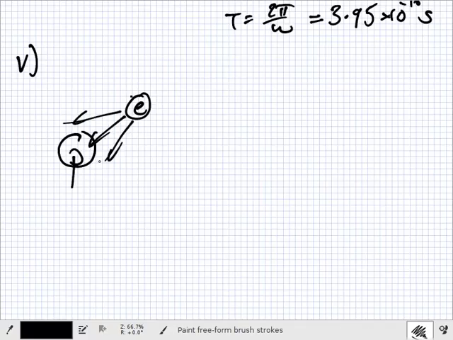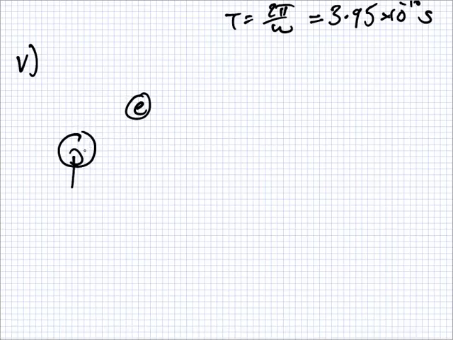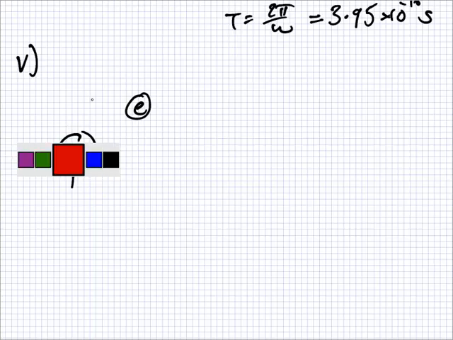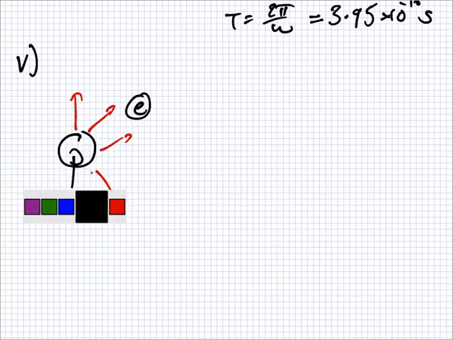Both make an electric field. In red, here's the proton's electric field, and then in blue, here is the electron's electric field.